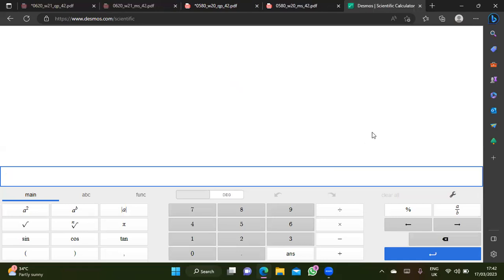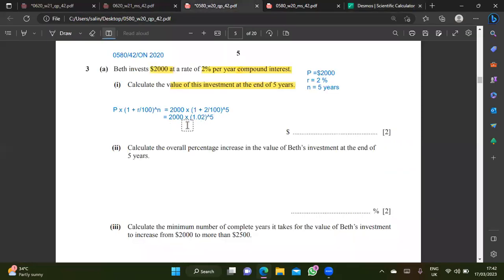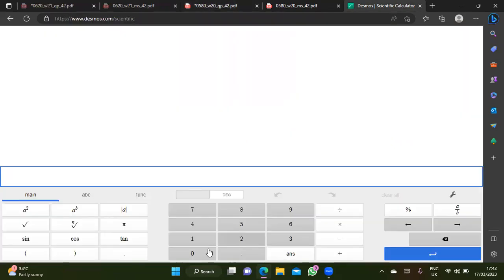All right. So what was the value just now? You can easily key this into your calculator. 2000 times 1.02. Bismillah. And then multiplied by 1.02.